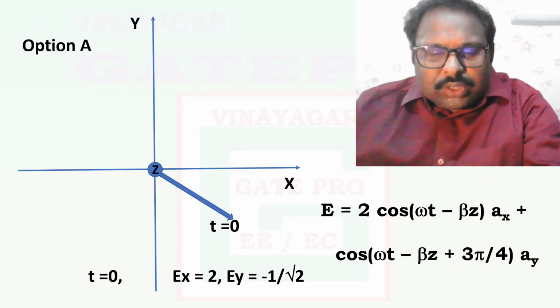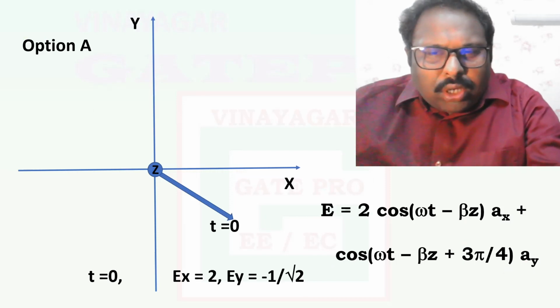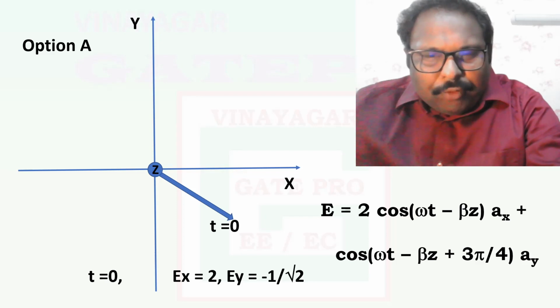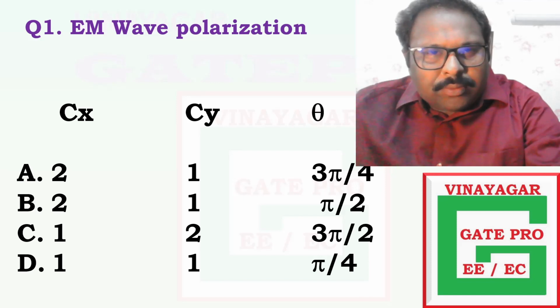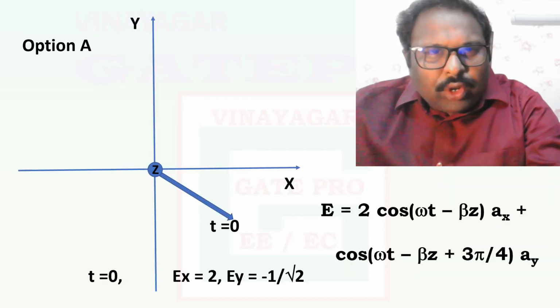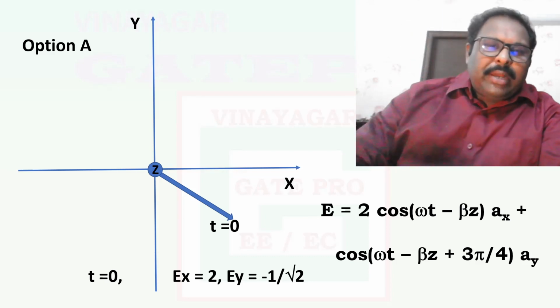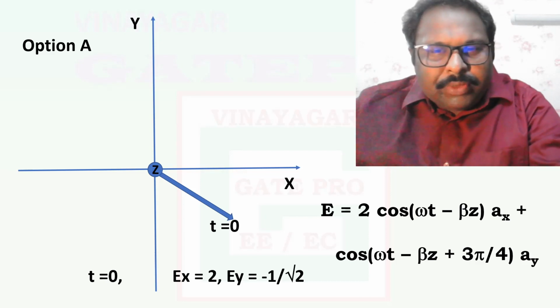So look at this first one. When you put 2 cos omega t and the other one cos(omega t minus beta z plus 3 pi by 4), that means I'm substituting my option A with the phase and with the amplitudes. And I start tracing for z equal to 0 plane, or the xy plane, starting with t equal to 0.